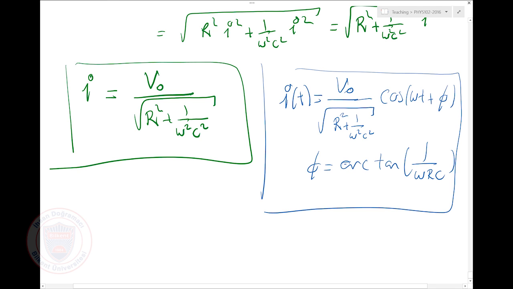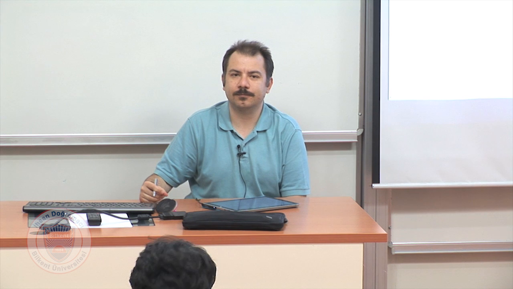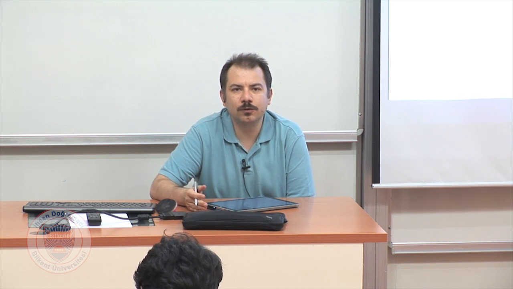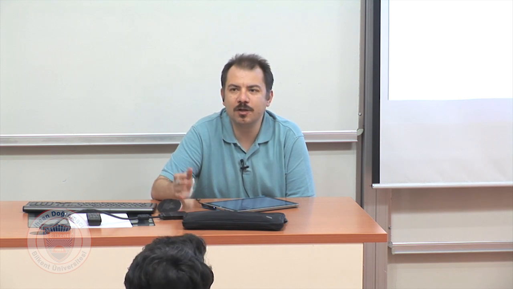So I have found both the angle and the amplitude of the current running through my circuit. That was only part of the question. The next part of the question was, how much power is dissipated on my resistor? That was the other thing I need to calculate.